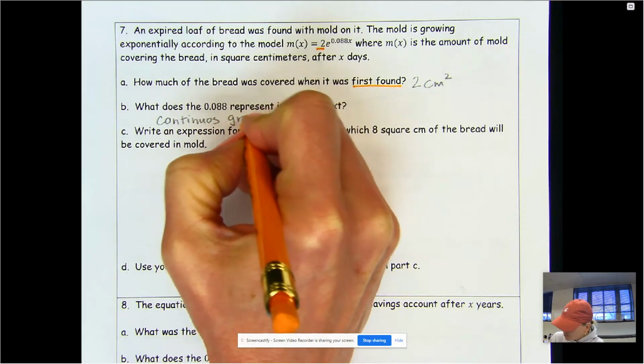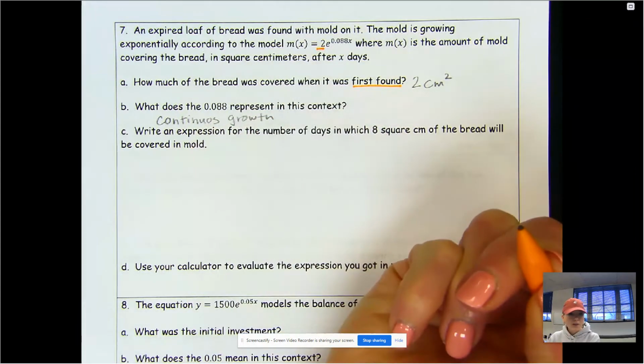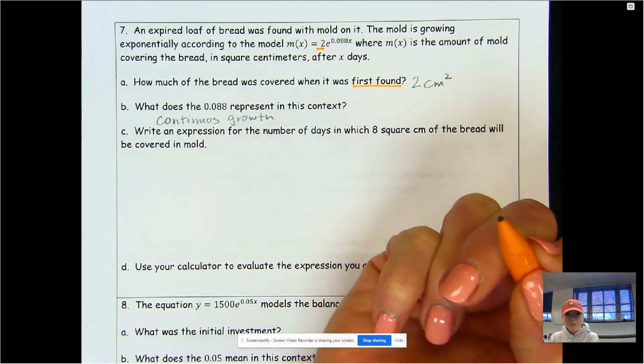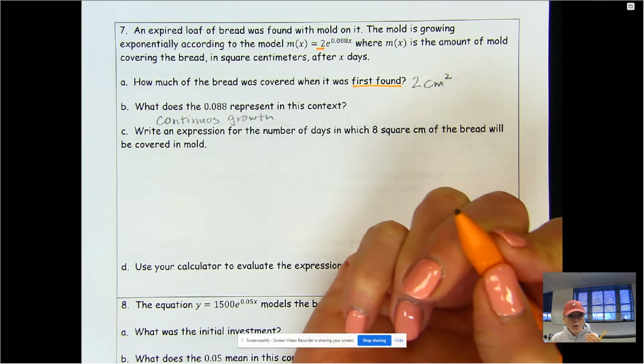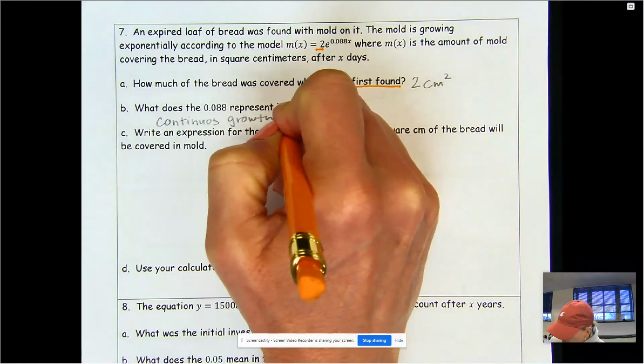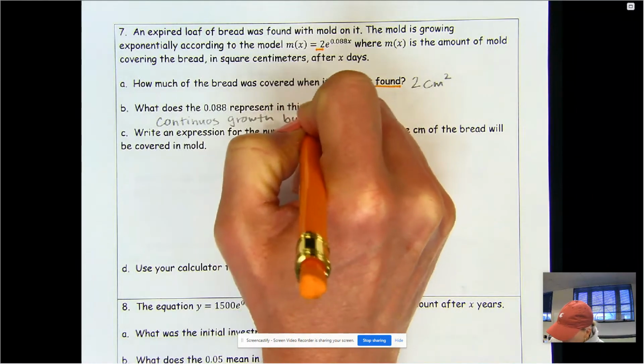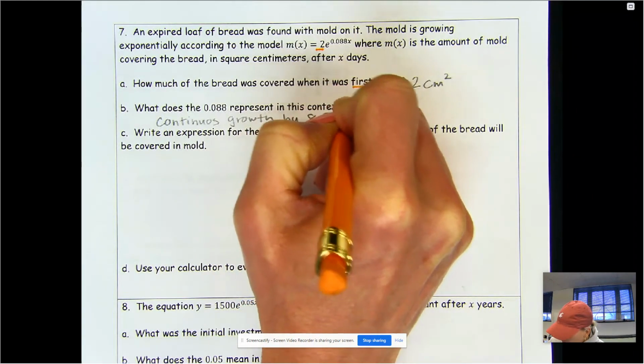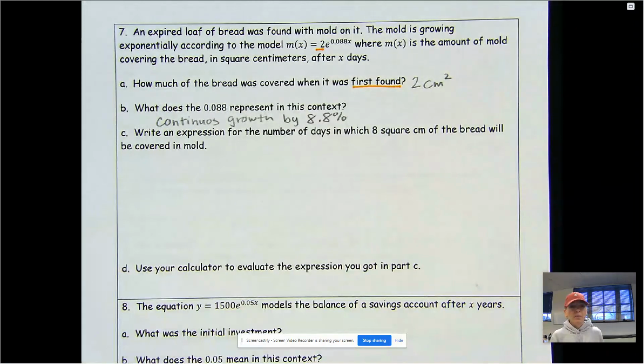In this context, it tells me that the mold has continuous growth by 8.8%. Okay, so the mold colony is growing continuously by 8.8%.